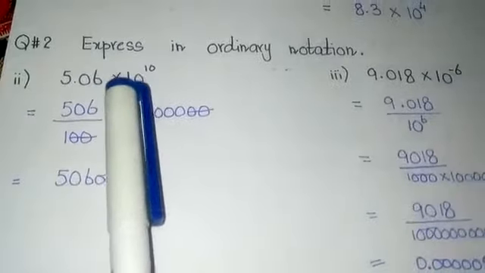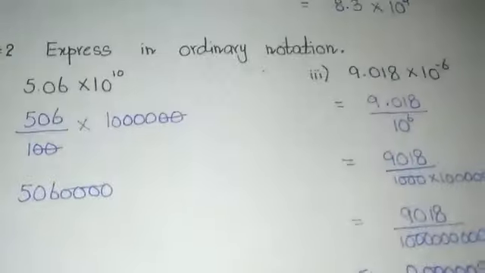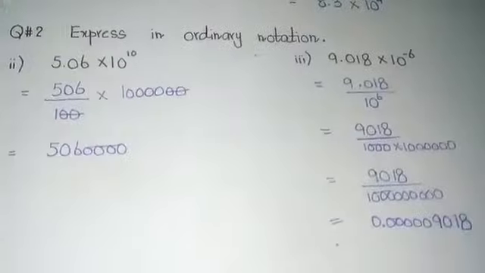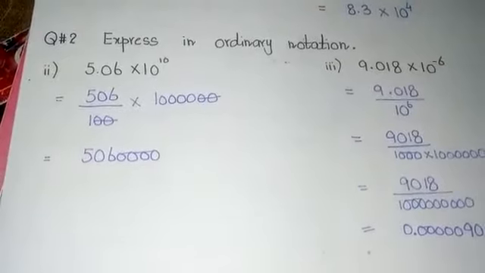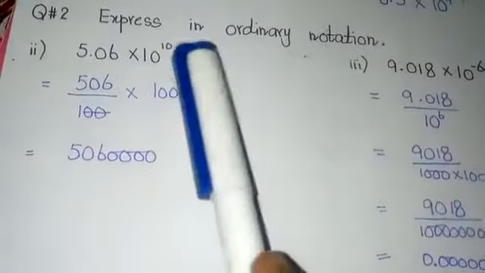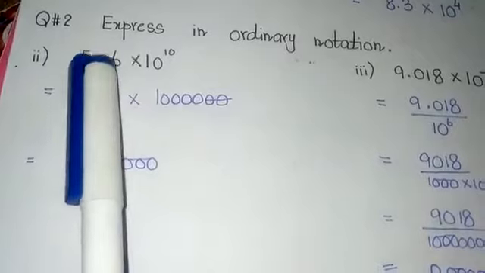Here is the first part, 5.06 into 10 raised to power 10. In these questions, first of all, if there is any negative power, you will make that power positive, and then you will write the power in the simple form. Here you can see 5.06.